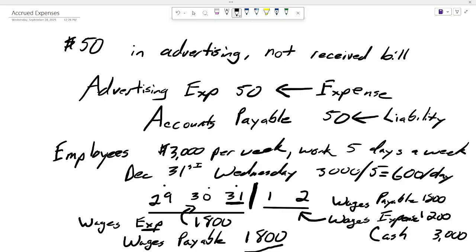So just be careful that you're not doubling up on expenses and making sure that the expenses are in the correct period when you're doing these. For this chapter, the most important thing is knowing how to do this adjusting entry over here, but you also need to be aware that when you are doing the journal entry in the future, you are making sure you are not doubling up on the expenses.